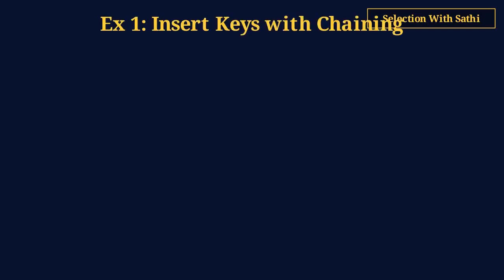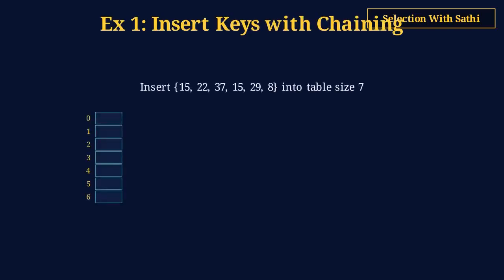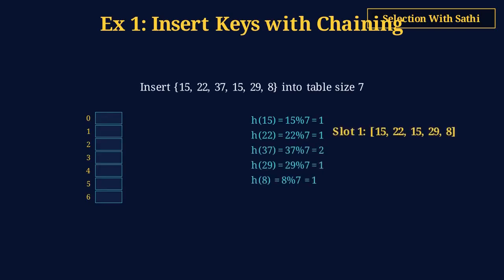Let us insert the keys 15, 22, 37, 15, 29, and 8 into a hash table of size 7 using h(k) = k mod 7 with chaining. 15 mod 7 is 1, 22 mod 7 is 1, 37 mod 7 is 2. 15 again goes to slot 1, 29 mod 7 is 1, and 8 mod 7 is 1.